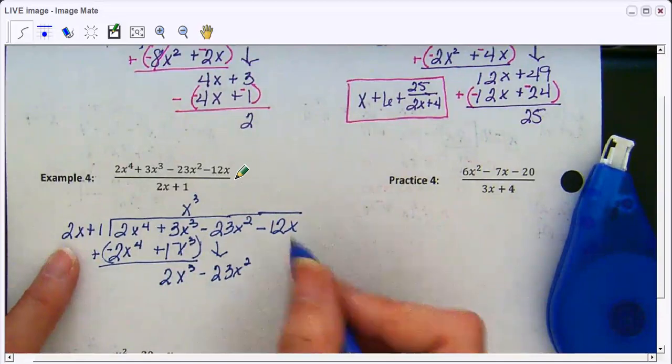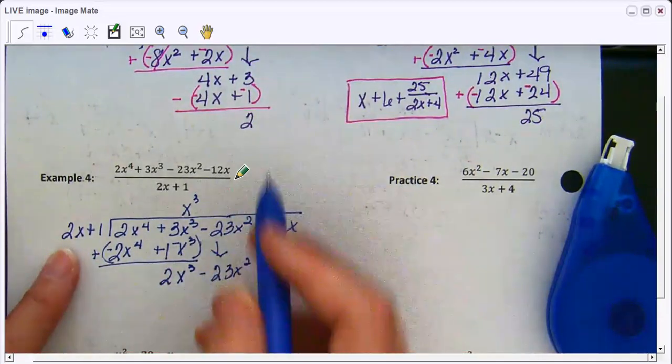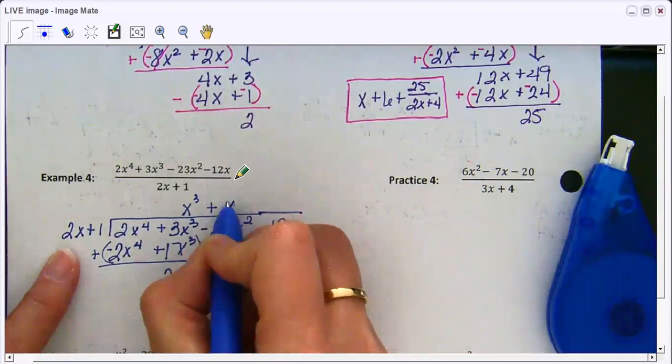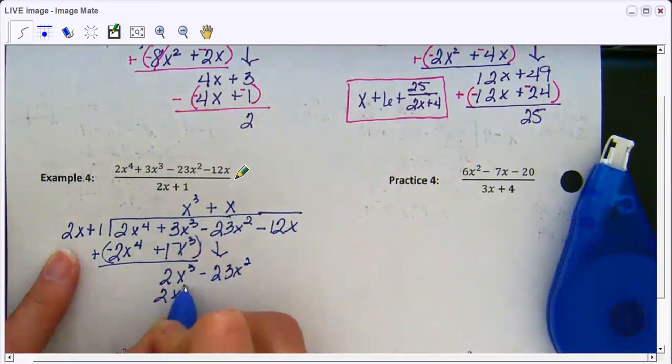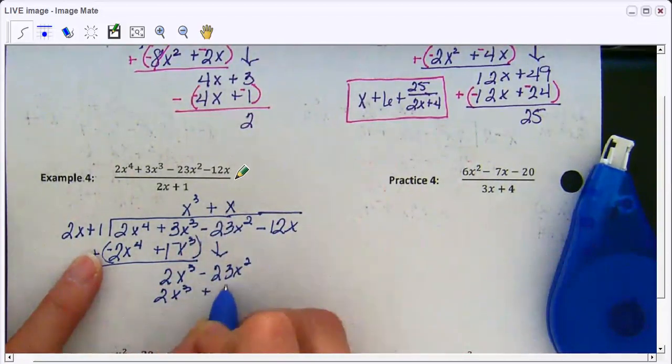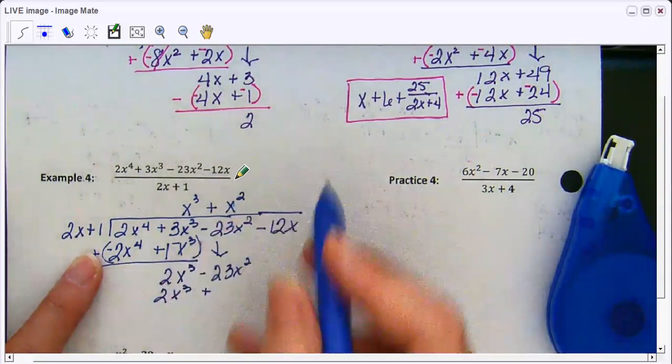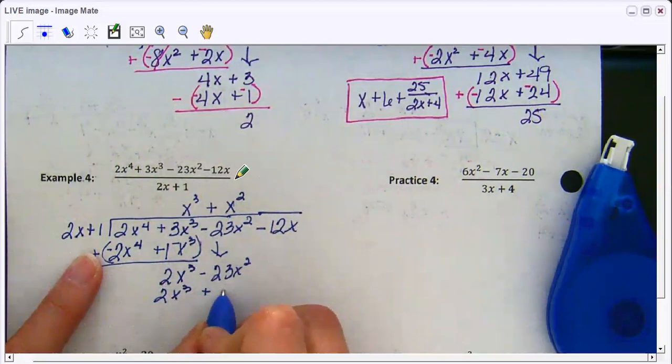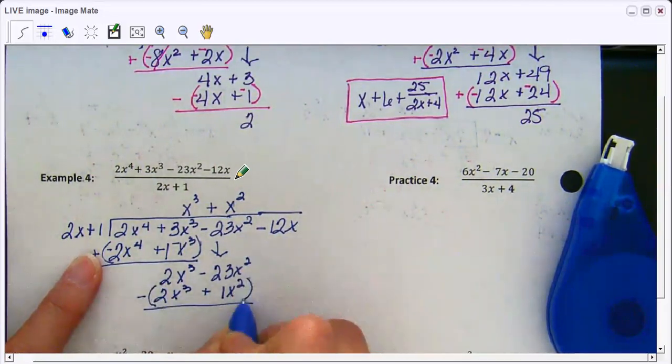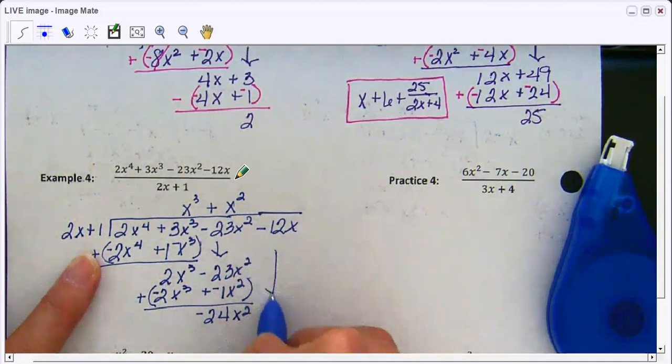All right, 2x goes into 2x cubed, 1x squared times, sorry. 1x squared. So we subtract. And we get negative 24x squared and bring down our negative 12x.